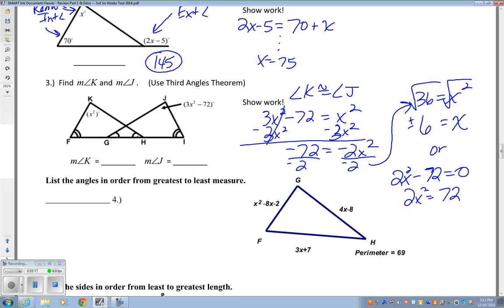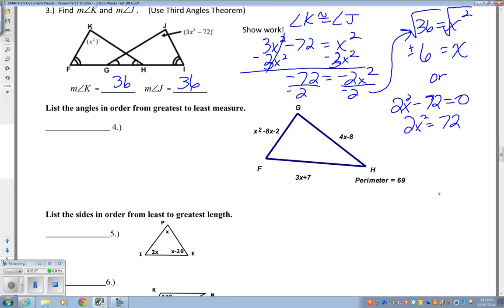Yeah, it gets you to the same answer. All right, angle K is 36, and angle J is 36. Circle or star number 4, this type of problem will be on the test. I think it's the same triangle, I just changed the numbers.